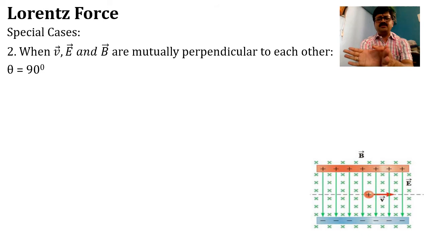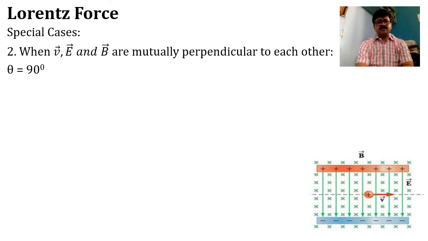Then here we have electric field vector moving vertically downward. So accordingly, we can very easily see that all three are at 90 degree to each other. So hence we will consider the angle between velocity vector and magnetic field vector, that is theta, equal to 90 degree.